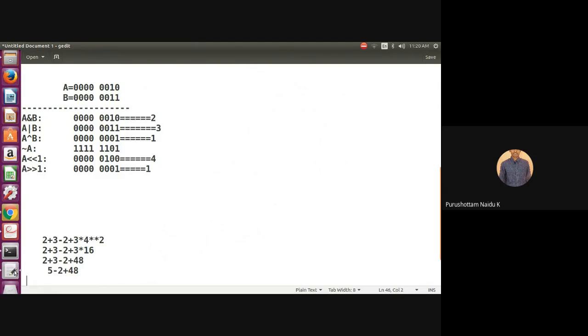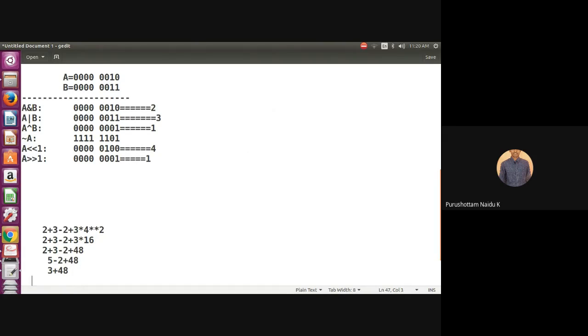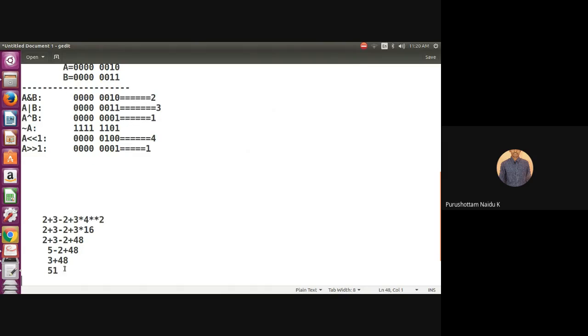Again both are equal priorities, so we use left to right associativity: 5 minus 2 is 3, plus 48, that is 51. This is the result of the given expression.